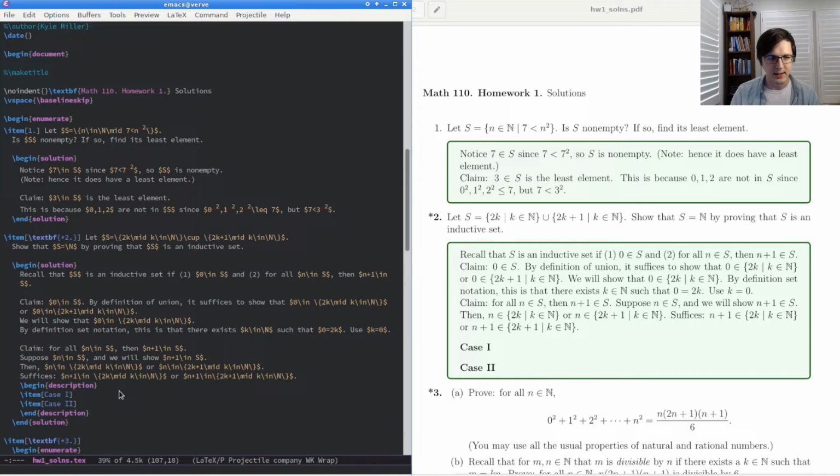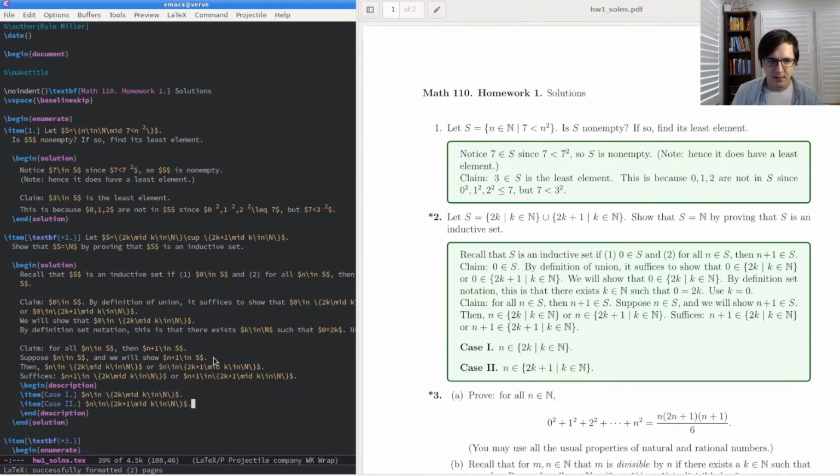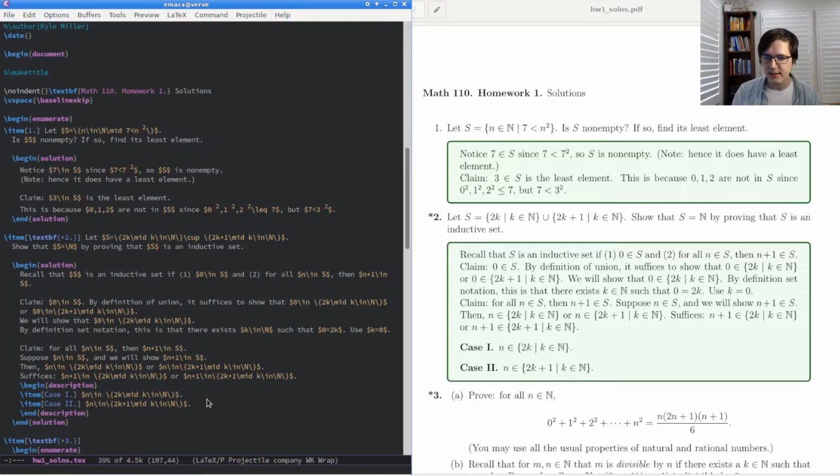So case 1, I'm doing a case split on the assumption. Okay, so n is in that, so let k and n be such that n equals 2k, using the definition of the set notation.